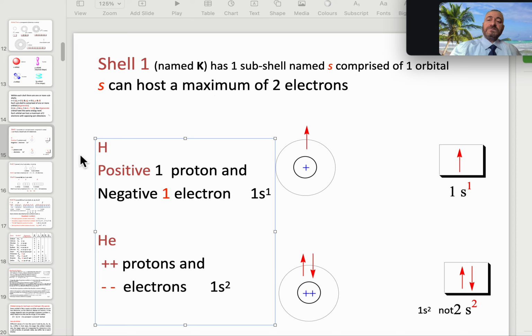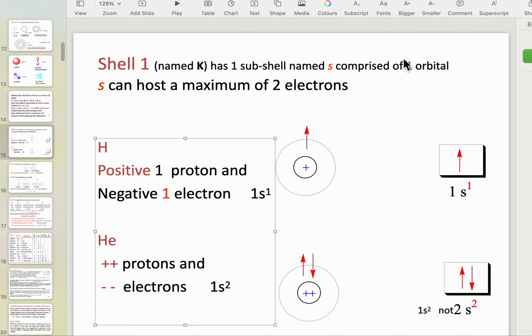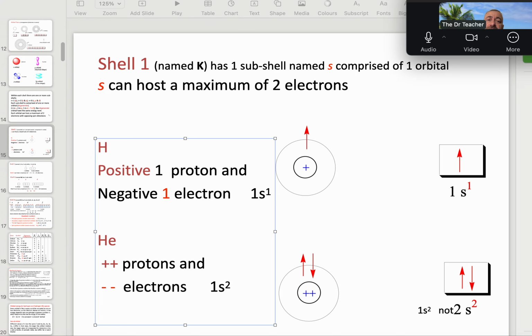So if we come to see the drawing here of hydrogen, it has in the nucleus one positive proton and has one electron surrounding the nucleus.